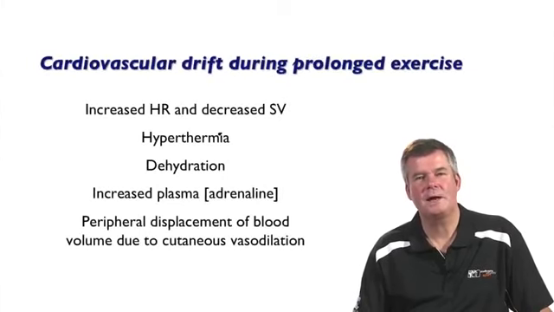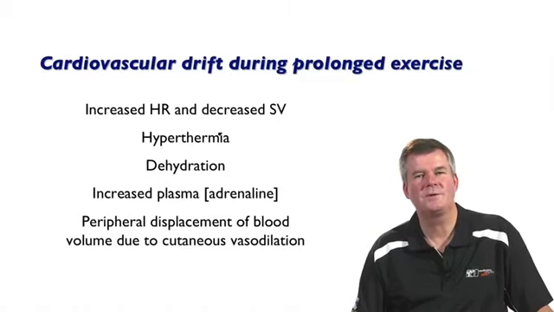In relation to the cardiovascular drift, as I said, there's an increase in heart rate and a slight decrease in stroke volume. Some of the factors that have been implicated in that include hyperthermia and dehydration, and we'll touch on those in the next module. An increase in plasma adrenaline over time will contribute to an increase in heart rate.